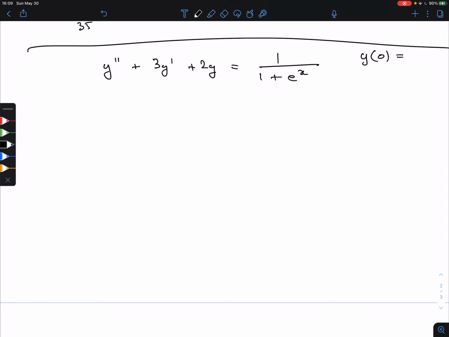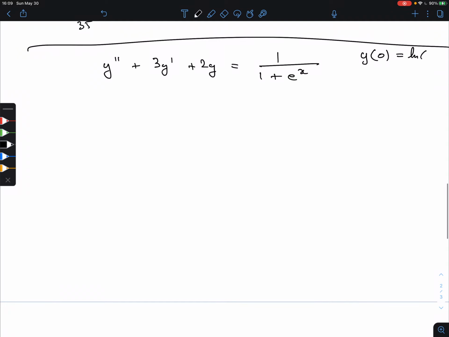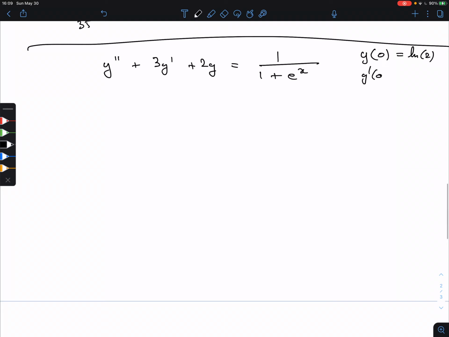I'm concocting one, so give me some time here. I'm still concocting. I'm going to put this equal to ln of 2, and the derivative, that one I won't be able to get so nice.